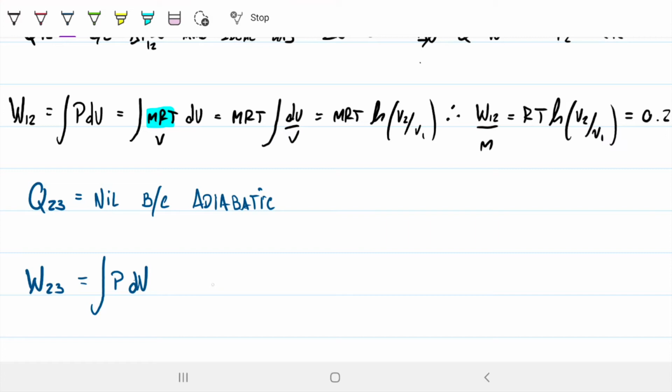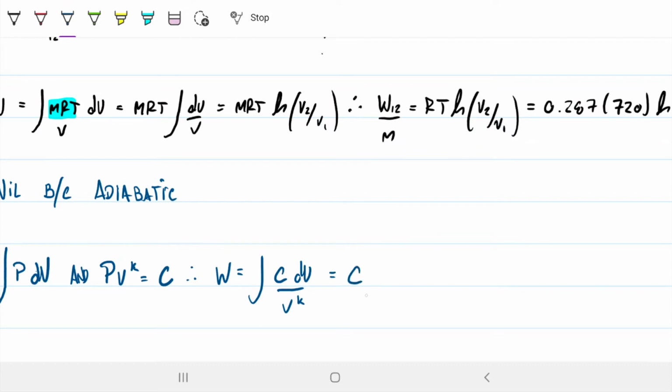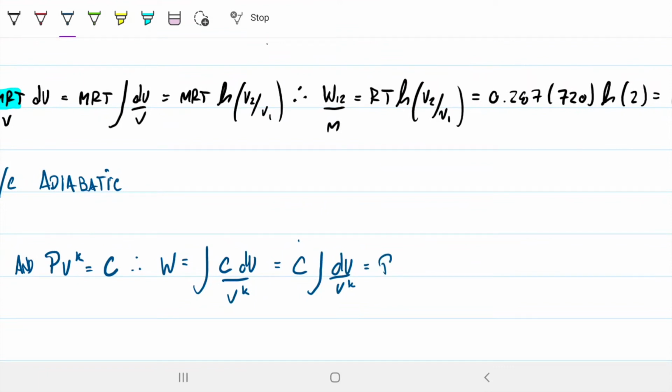For work from 2 to 3, we're integrating again, same as usual. But because this is the isentropic one, we know PV to the K is a constant, I'll just leave it as C. So I can sub in constant dV over V to the K. The constant comes out of the integral, and this constant is PV to the K. Then we're going to have V to the power of 1 minus K over 1 minus K, from state 2 to state 3.